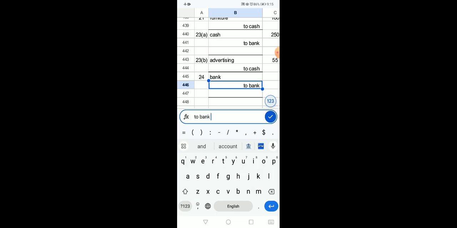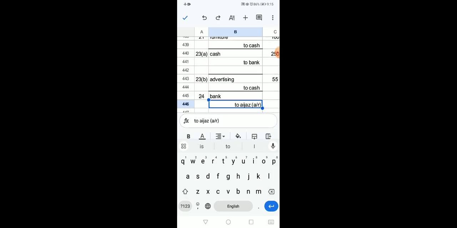That is why you will write the name of Ejaz on the credit side. But why are you mentioning an asset on the credit side? Because he was the person from whom the amount was receivable. He was an account receivable, he was an asset. But after receiving the amount, he is no more an asset. Decrease in asset, credit. That is why you have mentioned the name of Ejaz on the credit side.